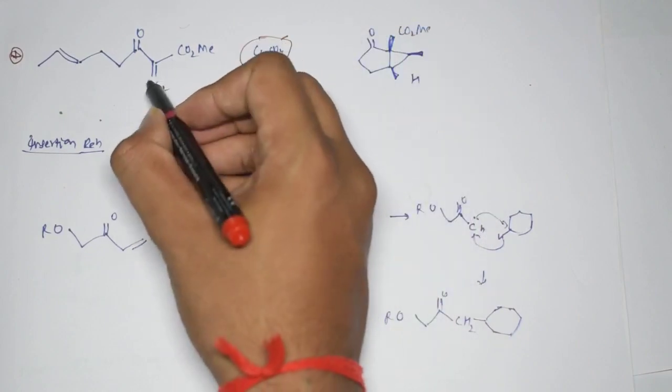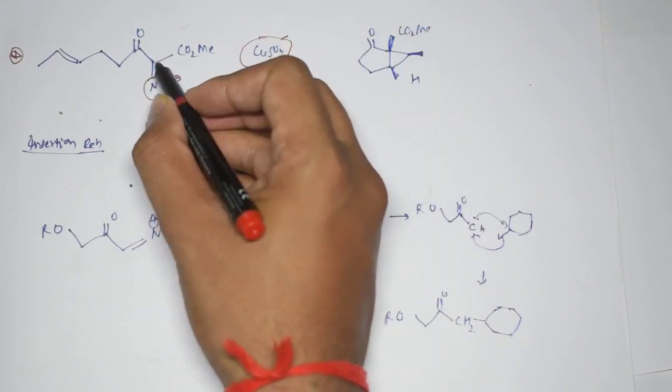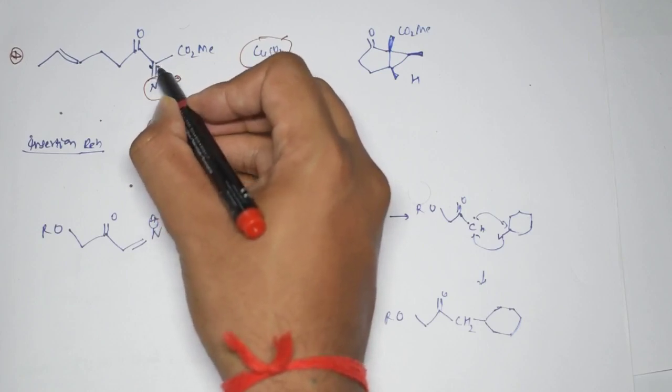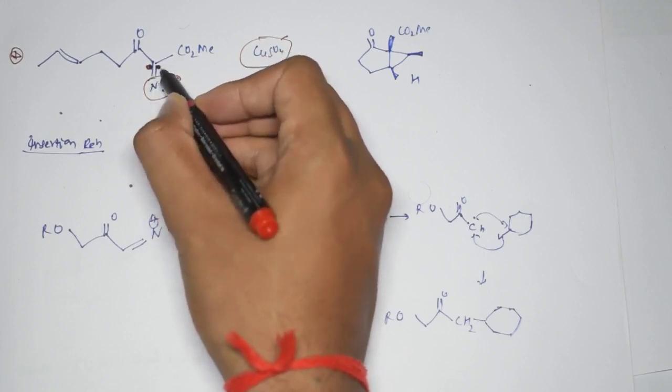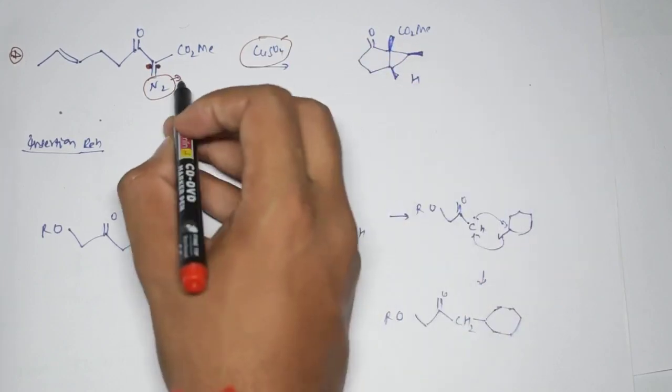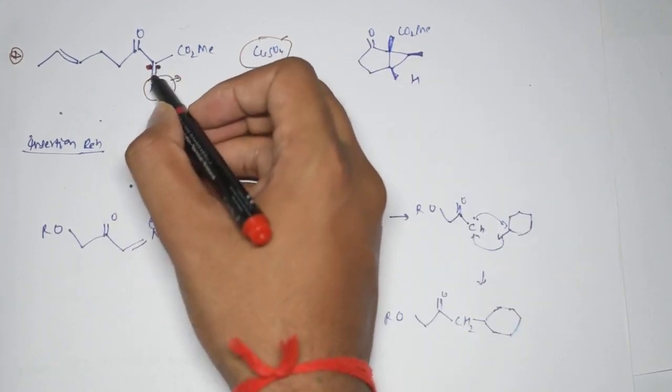So here this N2 which you can see is going to form a carbene. So a carbene will be formed in this case, and here we will have 2 electrons, and this N2 will be removed. After this, please understand what will happen.